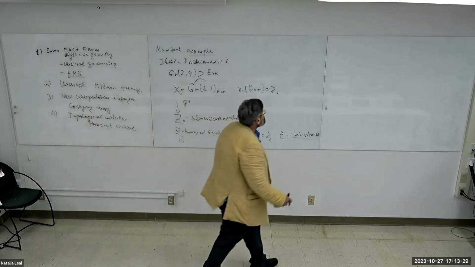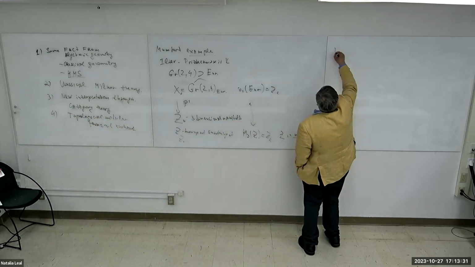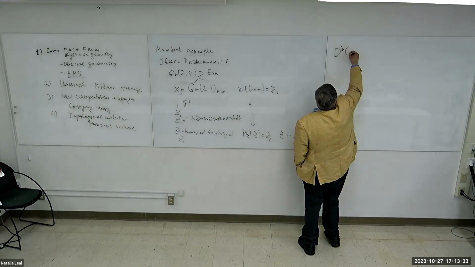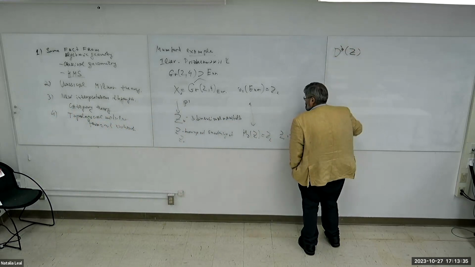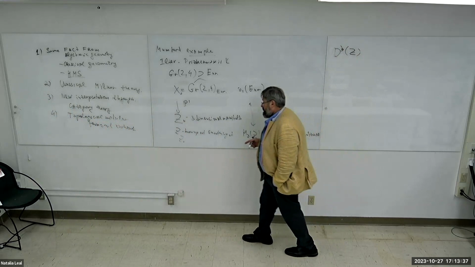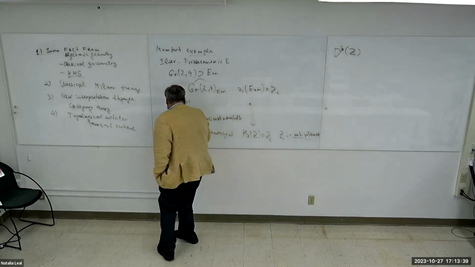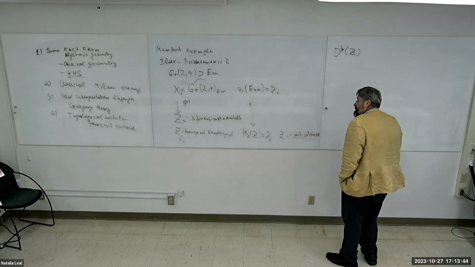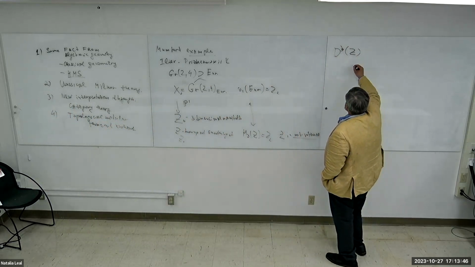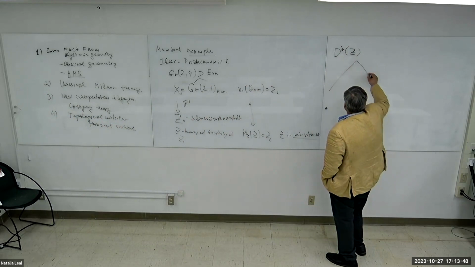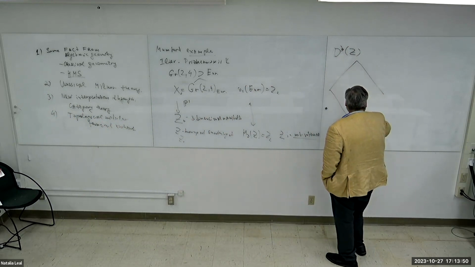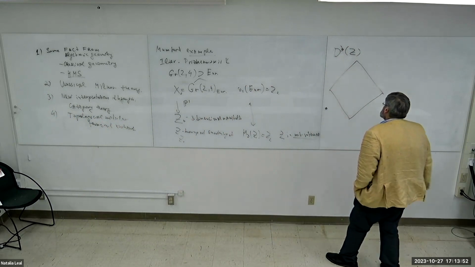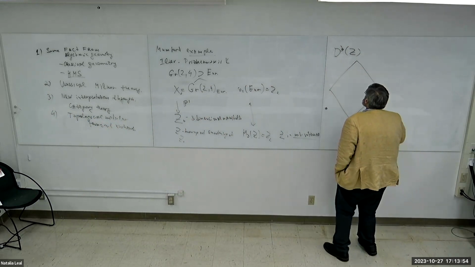And so there are many people who work on this. And so they study the derived category of Z. And so the Hodge diamond of Z looks like so.